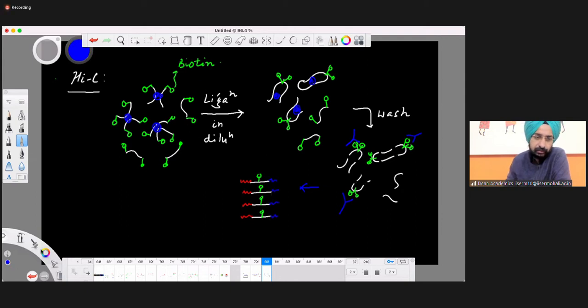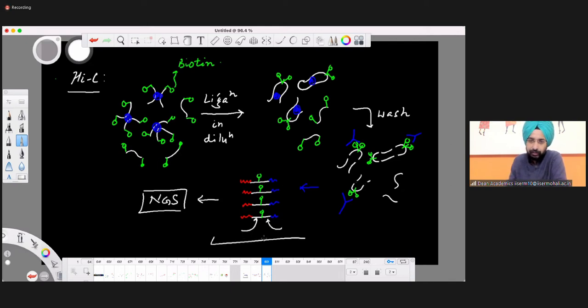Then in your next generation sequencing, this will first be amplified and then sequenced, to identify what this region is and what this region is, and where they map in the genome. Let's say they may map to distant regions in the chromosome. One is mapping here, the other is mapping here, and they were spatially together. That's why they got ligated. Proximity ligation, right? They were proximal, so they got ligated. And then you can find out that they were interacting. They were spatially proximal.